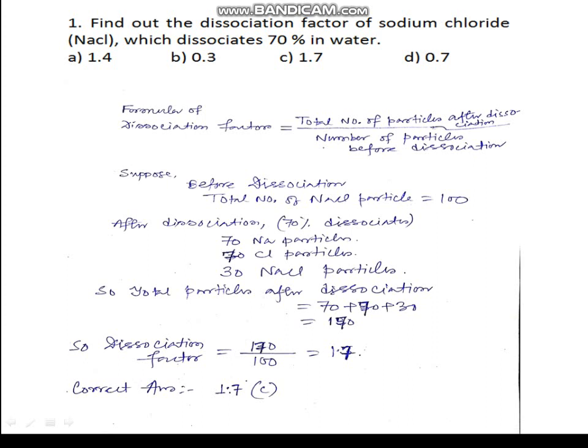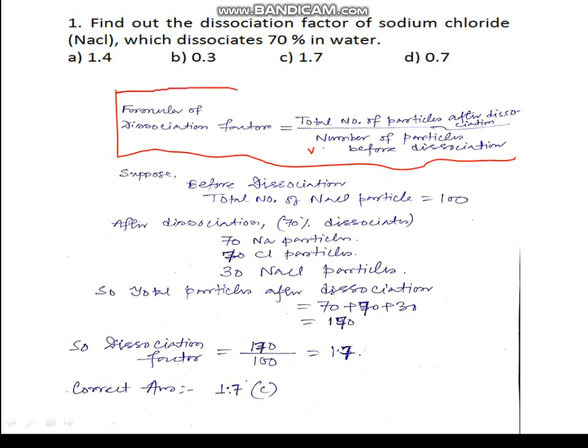To solve this problem we have to remember one formula. The dissociation factor is equal to the total number of particles after dissociation divided by the number of particles before dissociation. So what do you mean by dissociation factor?